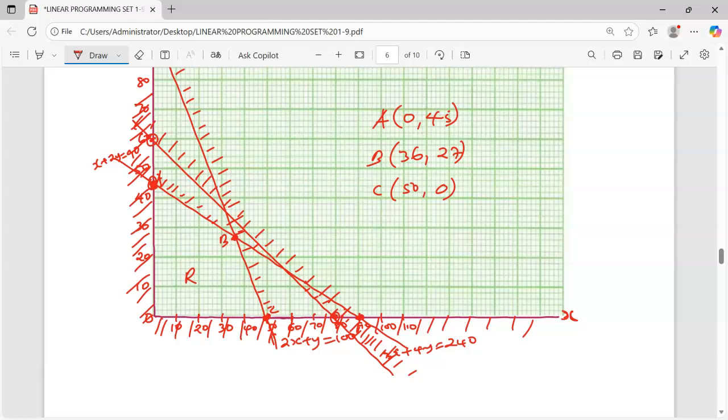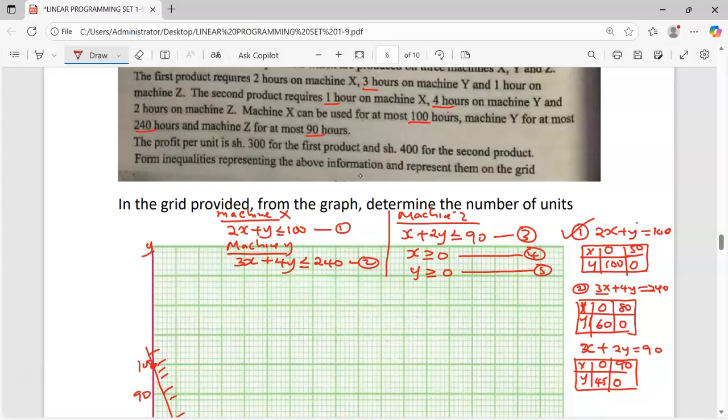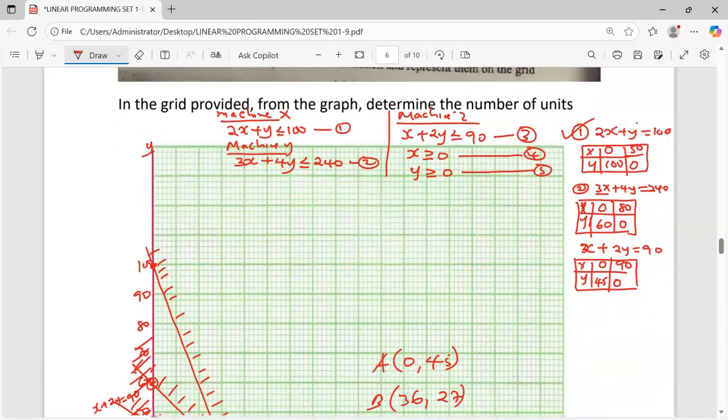And at this point here, you realize that according to what we are supposed to do, the profit per unit is 300 and 400 for the second product.